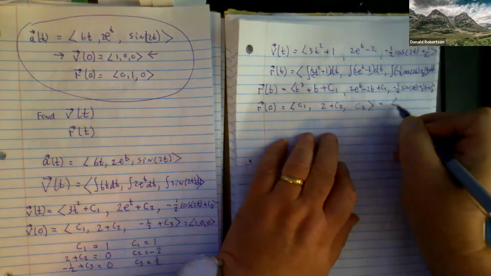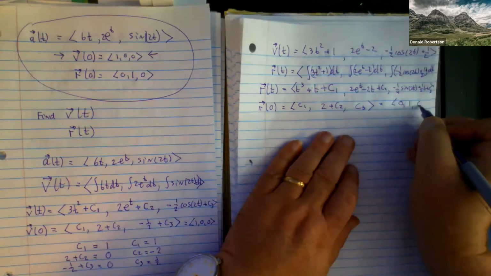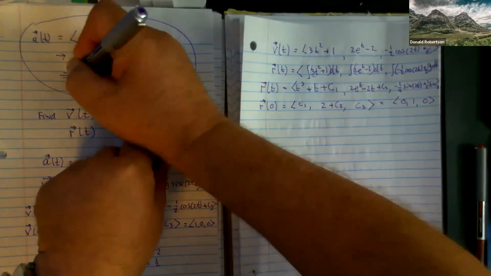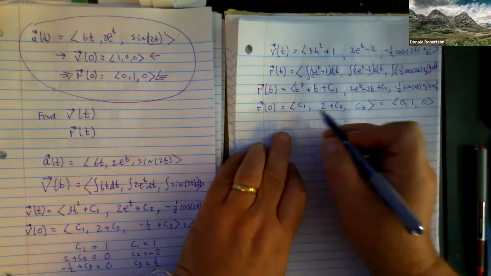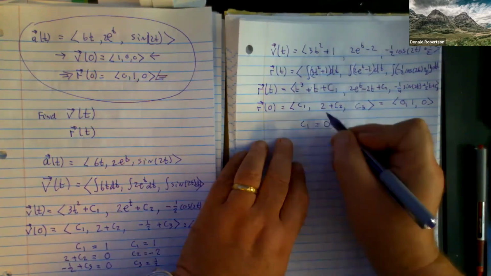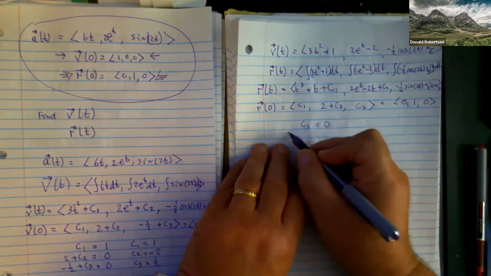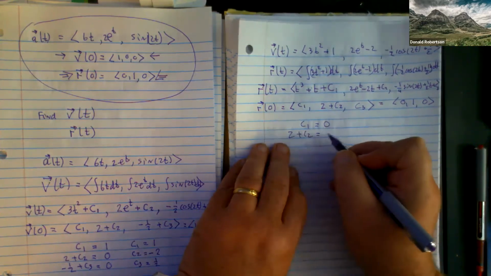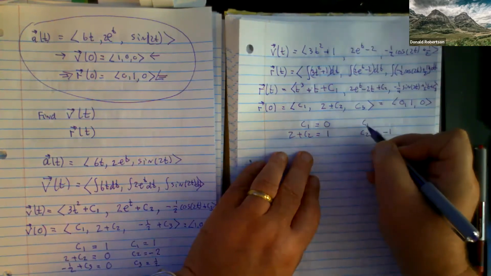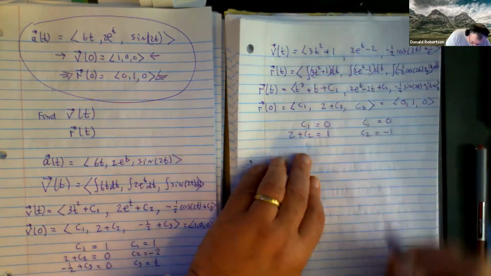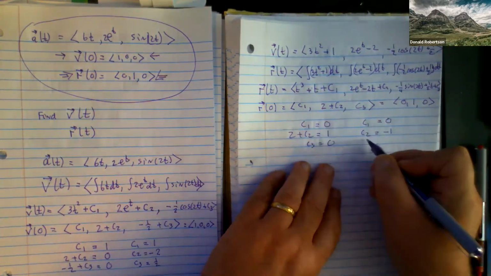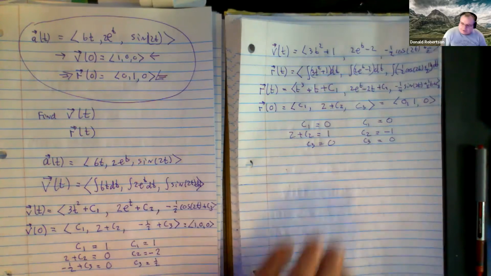And that's going to be the vector 0, 1, 0, because we're using this now. And if we match the x's with the x, C1 will be 0. If we match the y components, we get that 2 plus C2 is 1, which means C2 is -1. This one basically tells us what we already know. And lastly, we get C3 has to be 0, which is pretty obvious.